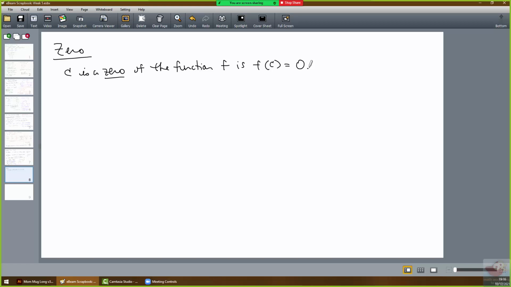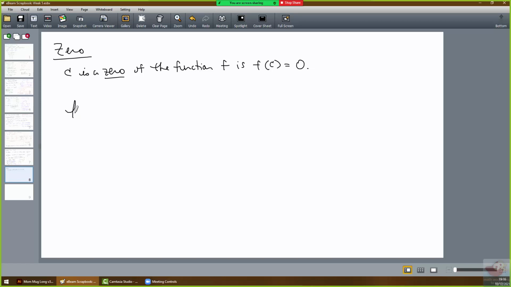So any number, real or imaginary, that if you put it into the function and you get 0, we call that number a 0. If it's a real 0, then you've actually also found an x-intercept. Imaginary zeros can't be graphed, so it doesn't affect the graph.